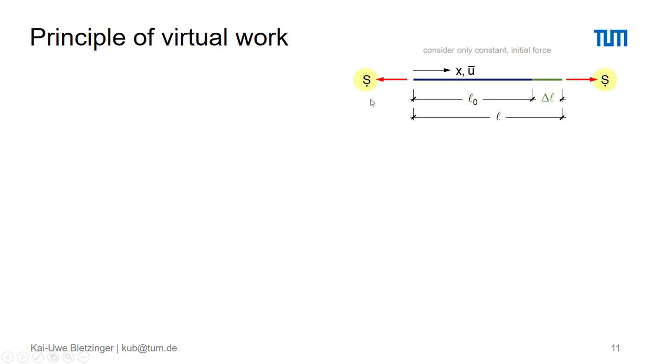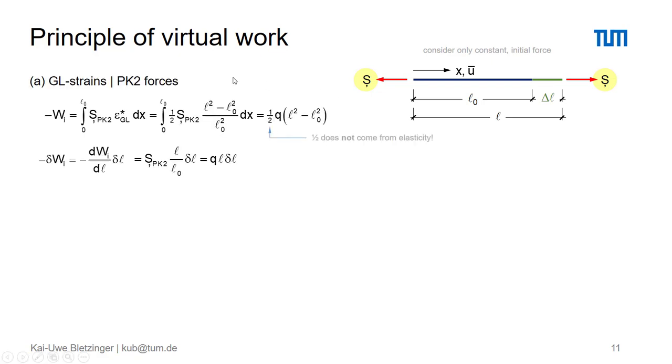And if we now follow the two different approaches, approach A, along the force density method, that means we are now picking the combination of Piola-Kirchhoff force and Green-Lagrange strain as the pair which we take to express the inner energy, which is equivalent to the negative inner work.